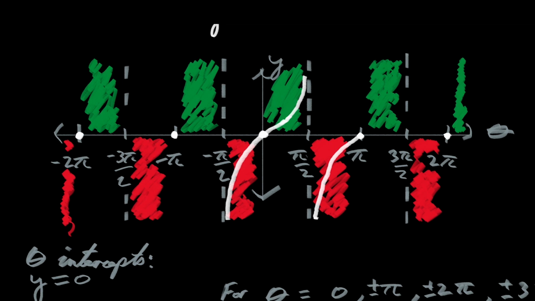Similarly here, we intercept the theta axis at theta equals pi, but then we need to display some asymptotic behavior, so we need to approach this asymptote, but never actually touch it.